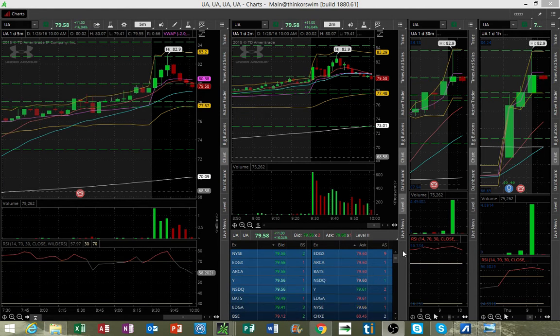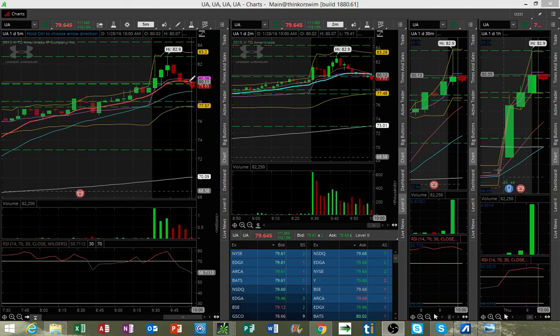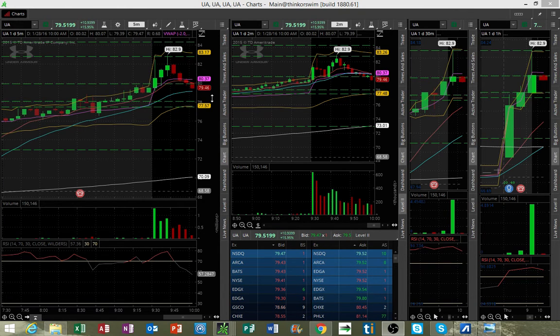So right now I got the break of this support. It hasn't confirmed, but it has broken. I like the way the 9 is curling over. That's a telltale sign for me. When it starts to curl over, then I think I got it. Now, yeah, it can fool you, but when I start stacking up all this evidence, it usually means that it's going to prove my hypothesis right.